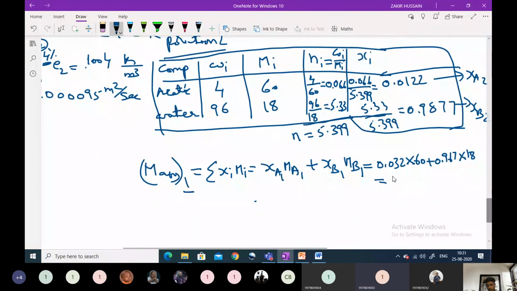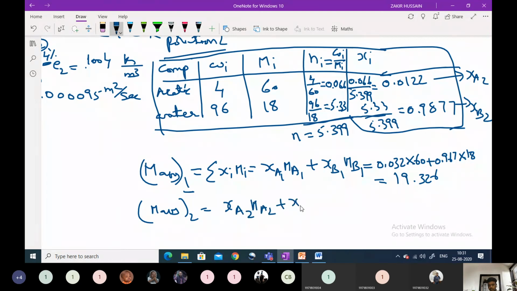That is 19.326. And M average at position 2 is the same: xa2 Ma2 plus xb2 Mb2. So xa2 is 0.0122 into 60 plus 0.9877 into 80.